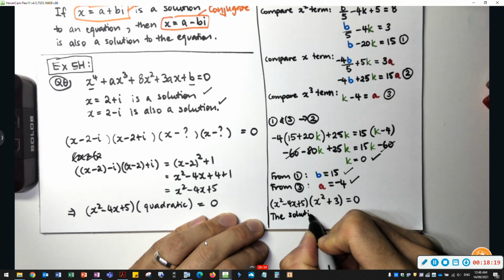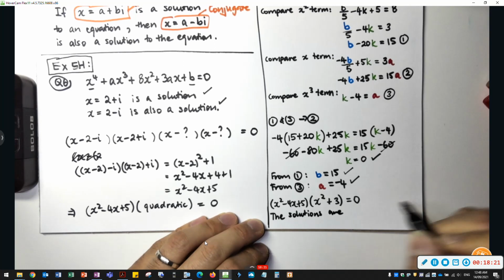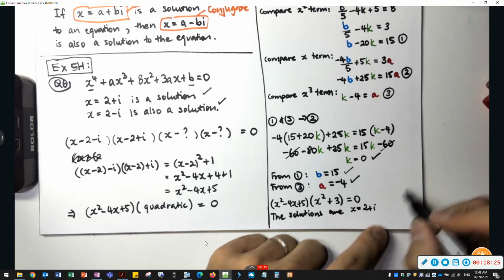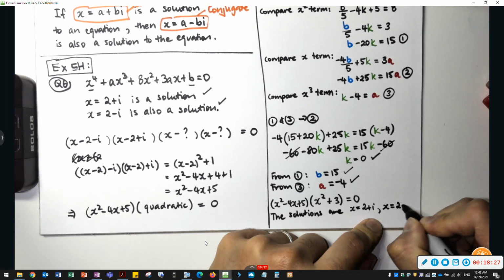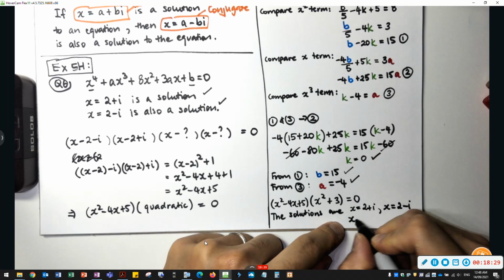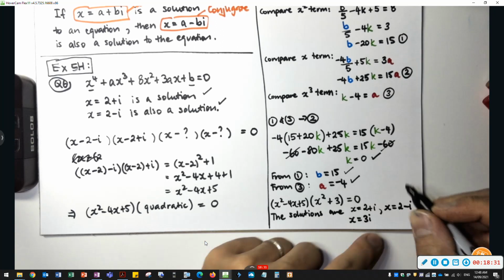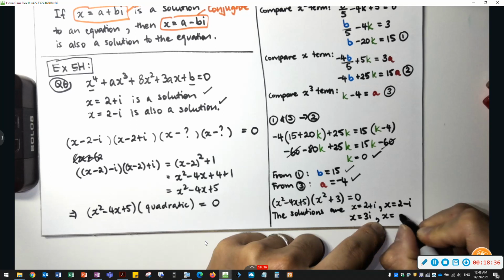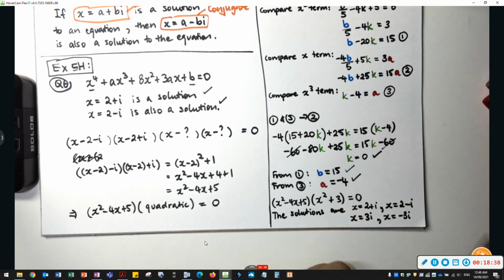Okay, so overall, the solutions are x equals 2 plus i, x equals 2 minus i, x equals 3i, and x equals negative 3i.